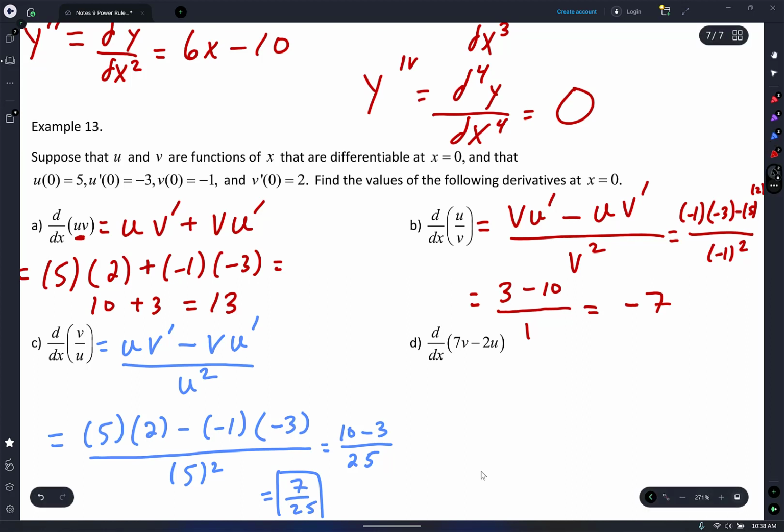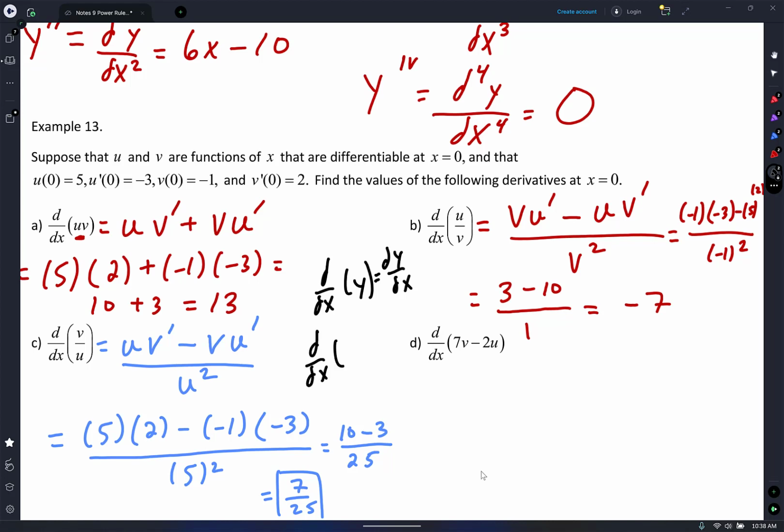And let me do this one in black. All right, so sometimes after doing the product and quotient, kids get confused with letter D. Let me write this down here on the side. d dx, if I take the derivative of y, we say that is just dy dx. Okay. So d dx, if I take the derivative of v, what do we say? Yeah, dv dx. So don't freak out. I'm taking the derivative of 7v. You can either write 7v prime or you can write 7 dv dx.